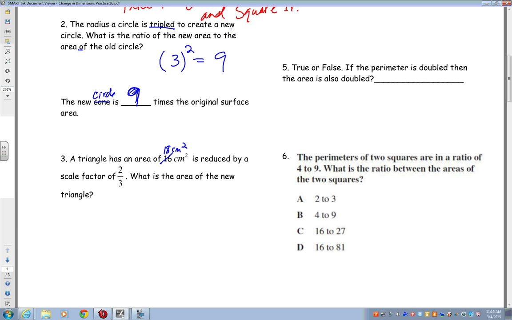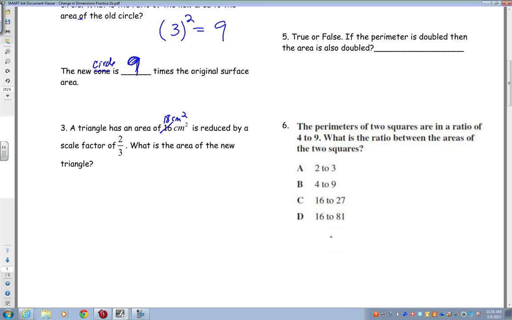Right, so a triangle has an area of 18 centimeters squared. It is reduced by a scale factor of 2/3. Yeah, change it to 18, because it'll come out easier and neater. What is the area of the new triangle? So how is it changing?